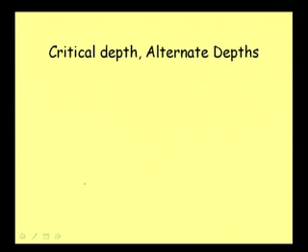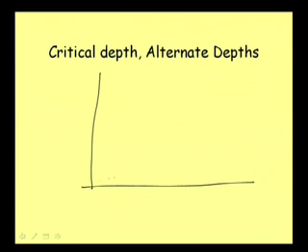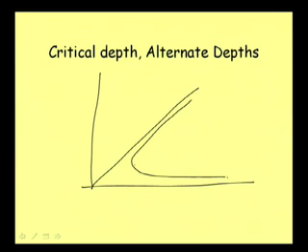Let me just draw this diagram again, and then let me explain another point here. Say this is the specific energy diagram, and then we are having this point again. With the increase of discharge, this line can go up, and then this is the critical depth point.